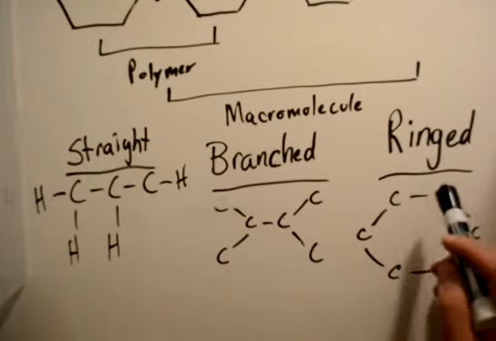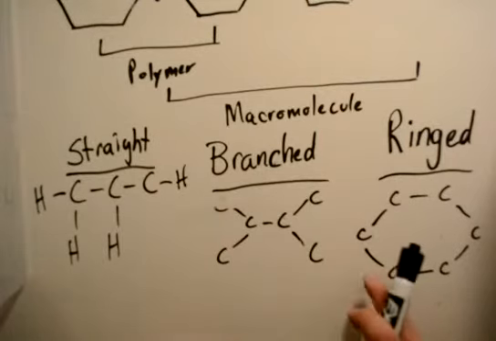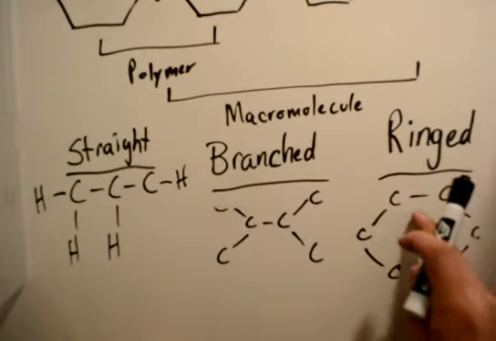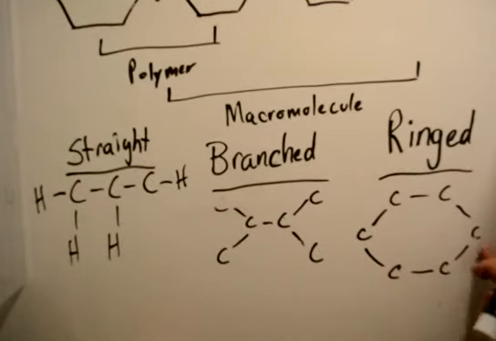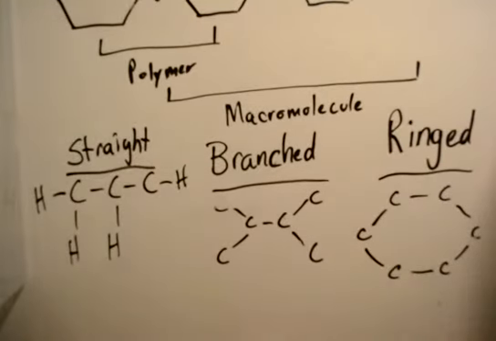And then we have this ringed shape. Now this ringed shape that you see is typically not going to show all these carbons. So with these different rings, these are the rings filled in with all the C's in it. So again, ringed, branched, and straight.